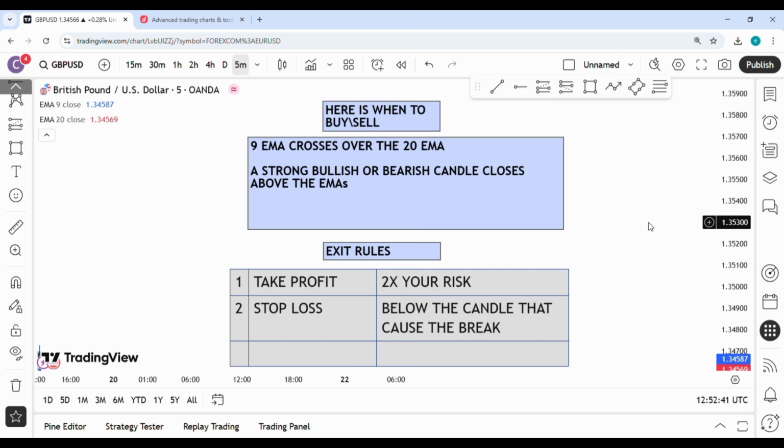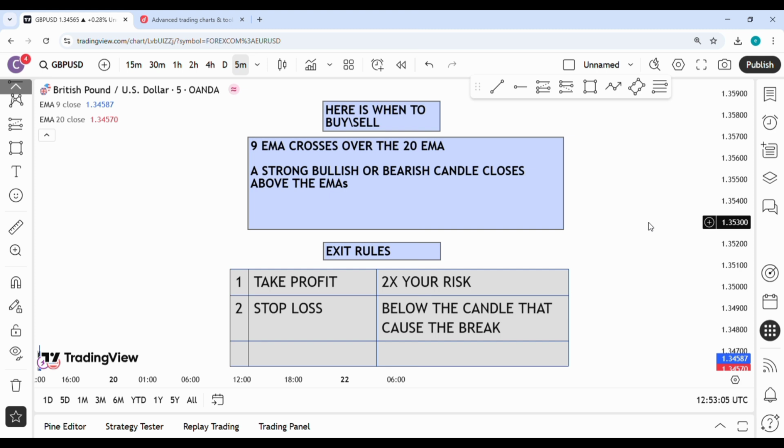The first one is when the 9 moving average exponential crosses over the 20, then you'll be looking forward to buy or sell. But to confirm that particular buy or sell, you need a very strong bullish or bearish candlestick to close above the moving average. Once you have something like that, then don't waste your time. Remember, we are scalping and it's a 5-minute time frame strategy. Then you stack in your position.